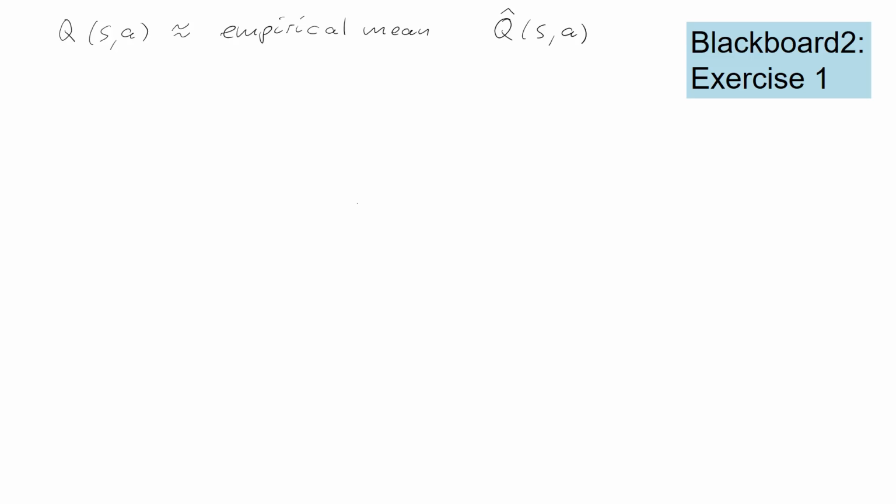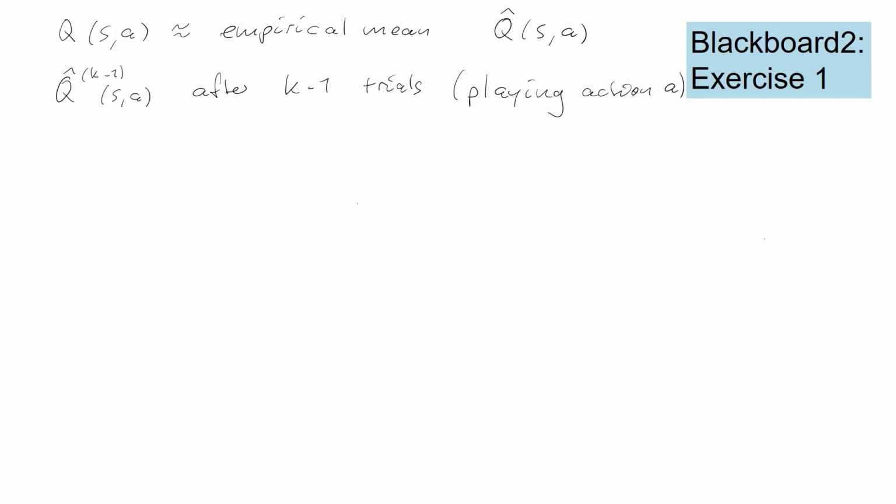It's my online estimate. And now I add an index and say, after K minus 1 trials, I have a certain estimate. And these trials are not all trials. It's the trials where I play this specific action A.